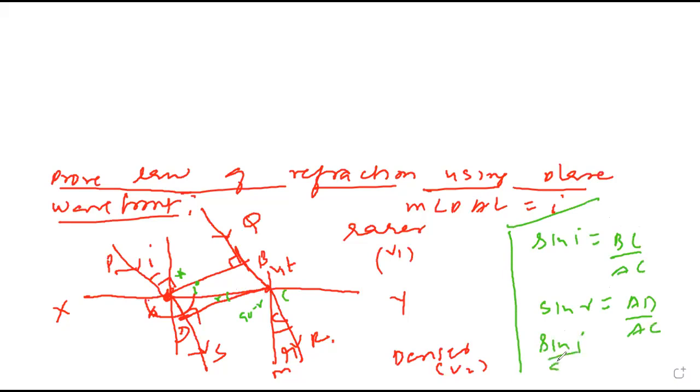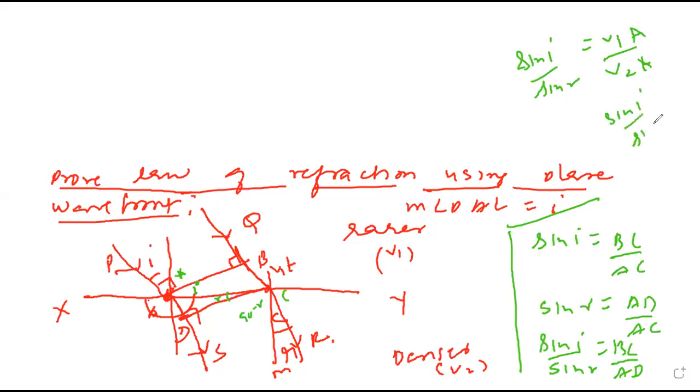So sine I upon sine R will be BC upon AD. BC is nothing but V1t and AD is V2t. So sine I upon sine R is V1 upon V2. So sine I upon sine R is constant. This proves Snell's law of refraction.